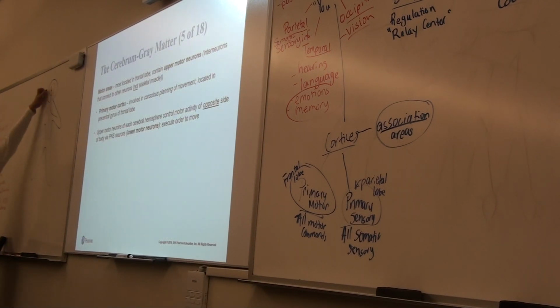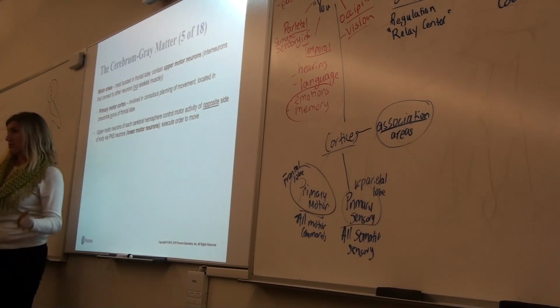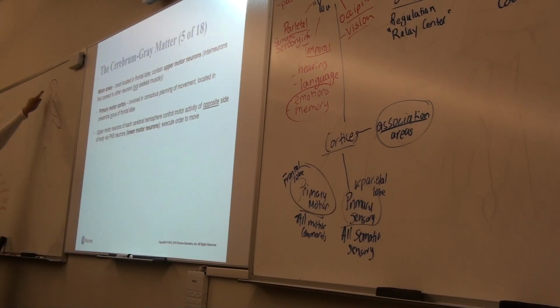So the upper motor neuron is the one that's stuck in your brain, initiating the signal. The lower motor neuron is the one that leaves through the spinal cord and goes to where it needs to go, right? So it's going to go to the peripheral nervous system. Notice it goes to the opposite sides of the body, right? Everything crosses over. We'll look at that lateralization in a little bit.